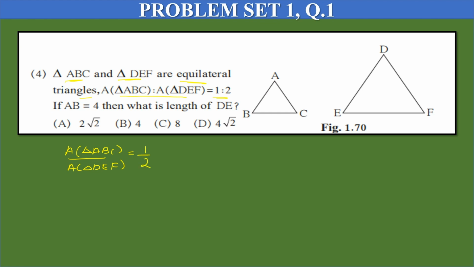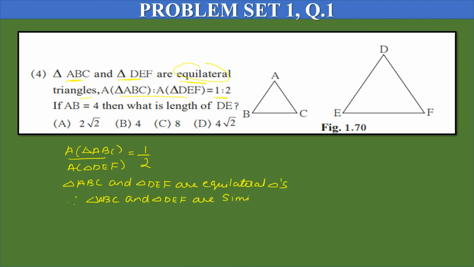Already both the triangles are equilateral triangles. Therefore, triangle ABC and triangle DEF are similar.